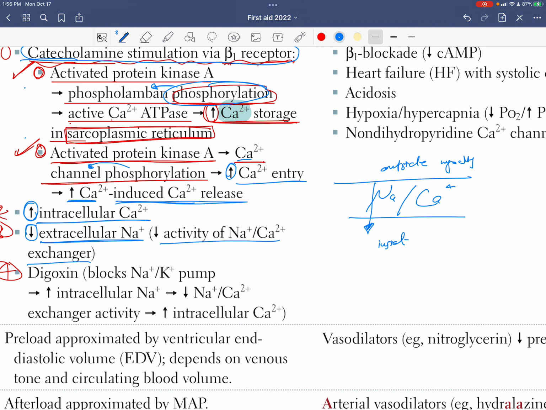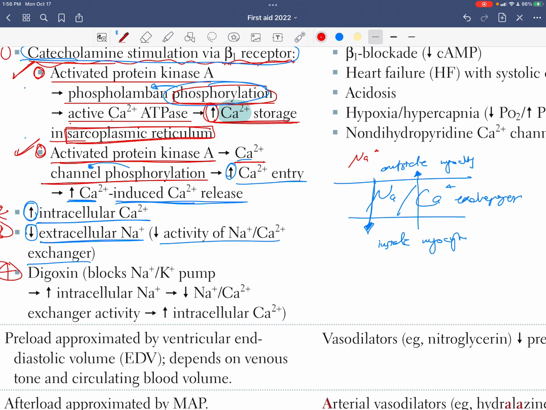This is the outside of the cell, the myocyte, and this is the inside of the myocyte. This exchanger is supposed to take in sodium from the outside, and take out the calcium outside of the cell.